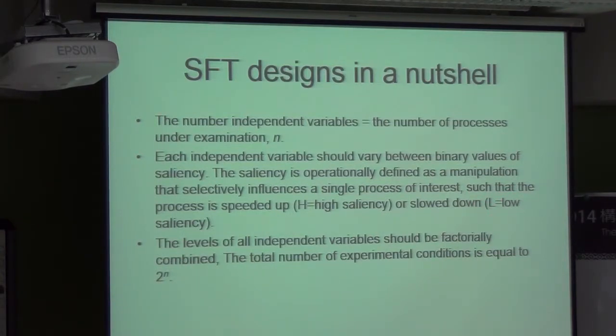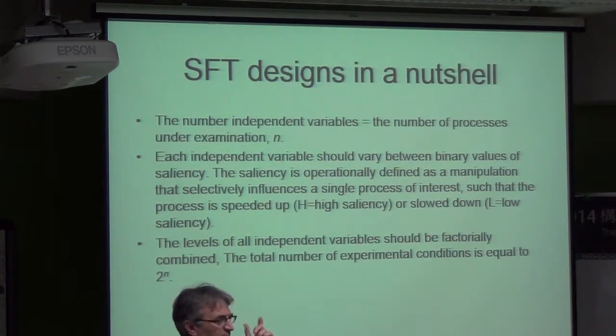So this is the second requirement. We have at least two variables, and we have to manipulate the saliency of these processes. That means, again, if we have second order relational features like eye separation, we have to find an eye separation that makes a high saliency case and an eye separation that makes a low saliency case, at least.